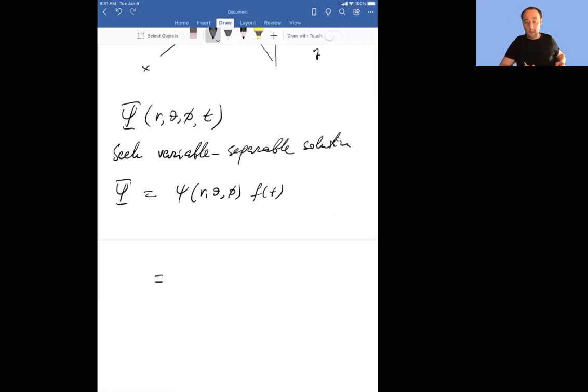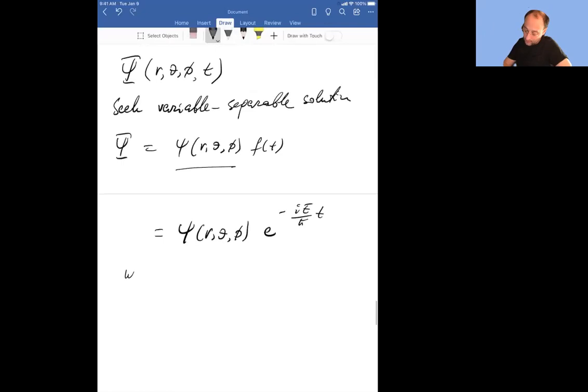We plug these into the full Schrodinger's equation and separate into the time independent and the time dependent parts. The solution is going to be given like that, where psi satisfies the time-independent Schrodinger's equation.